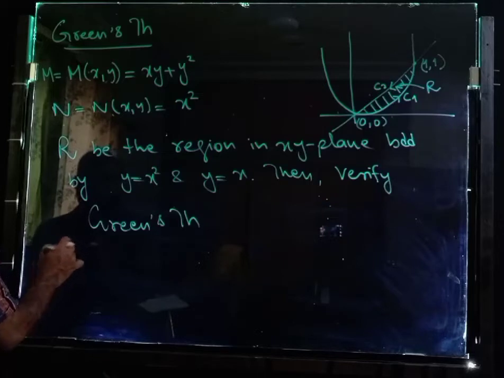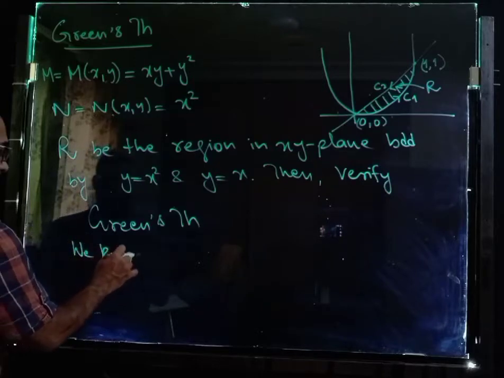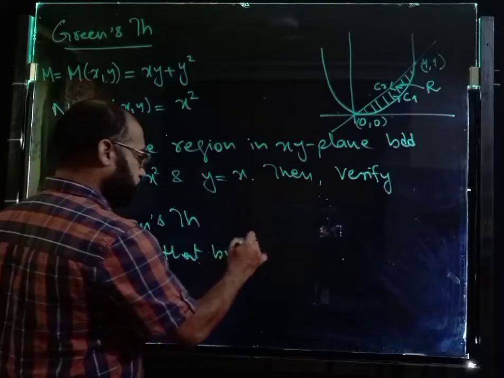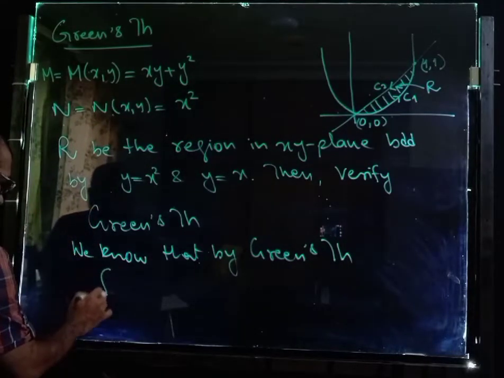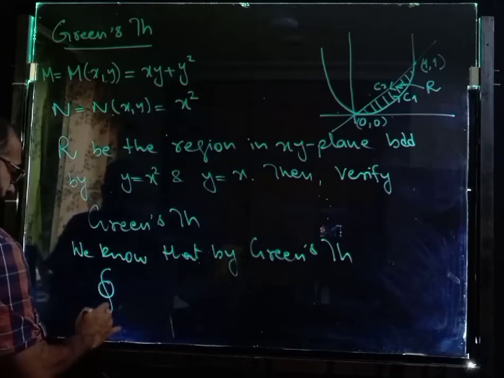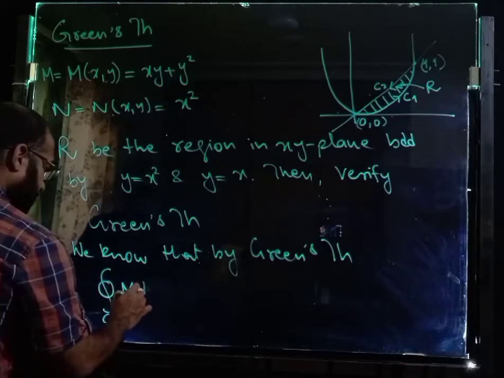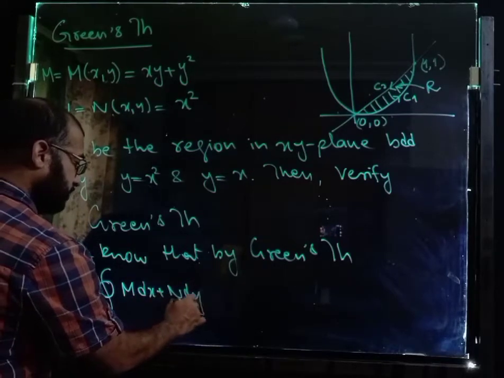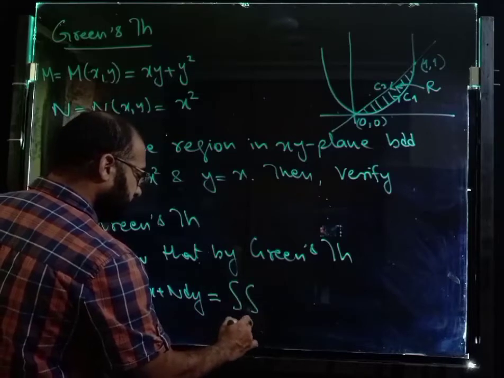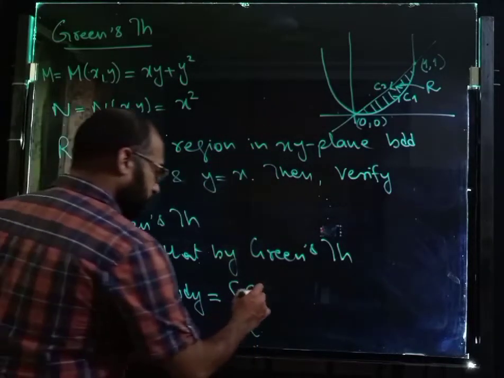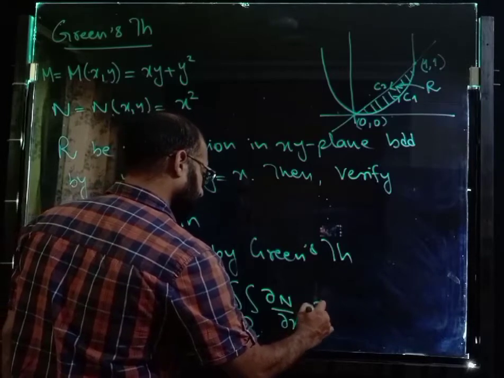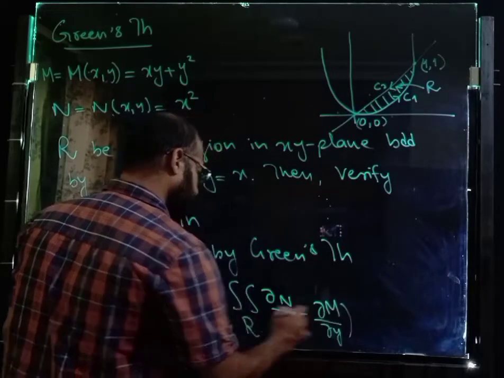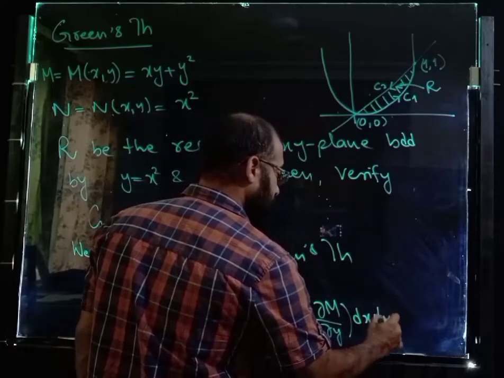So we know that by Green theorem, the integration along the closed curve C of M dx and N dy must be the same as when we integrate along the closed region R of the partial derivative of N with respect to x minus the partial derivative of M with respect to y, dx dy.